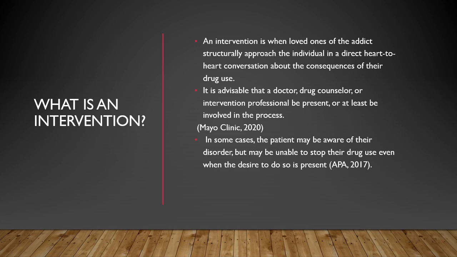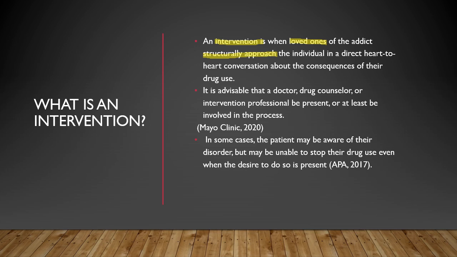So let's take a moment and break that definition down, because it's a bit longer than some of the other definitions that we've seen so far. Key points: the intervention is usually performed by loved ones. That could be family or friends. It's structurally approached.